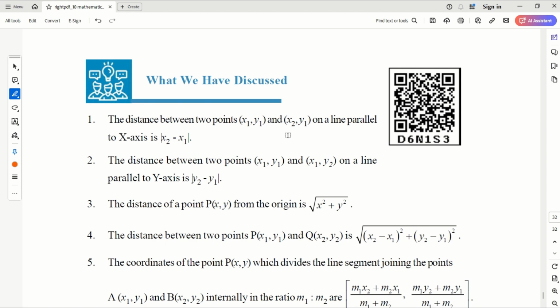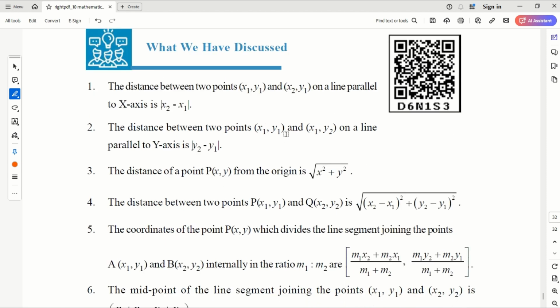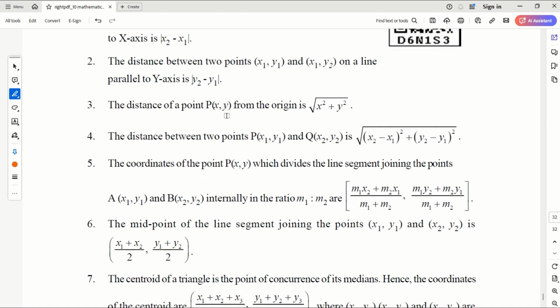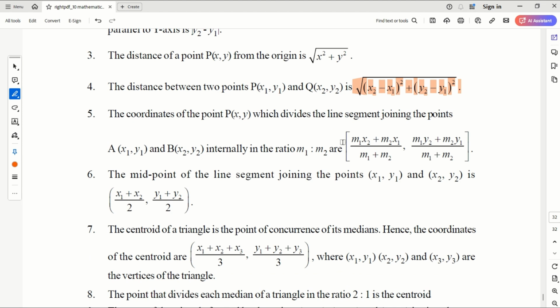Let's see what we have discussed. We discussed the distance between 2 points in multiple ways: parallel to x-axis, parallel to y-axis, and not parallel to any of the axes. Distance between any 2 points, this is the general formula. Then we learnt about the section formula.